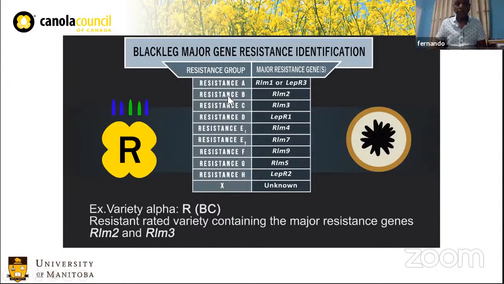So we went ahead and advised the canola industry that we should come up with a resistance group labeling. Because we had now identified the genes present in the Canadian canola cultivars, we were able to come up with labeling the genes. This labeling is mainly for the farmer, so that they don't have to worry about the RLM gene when they go to the retail shop to buy.